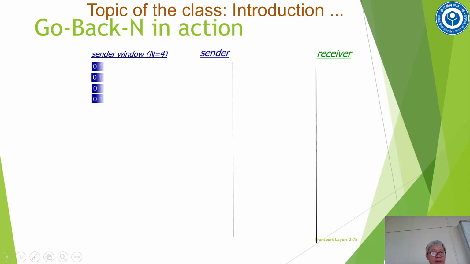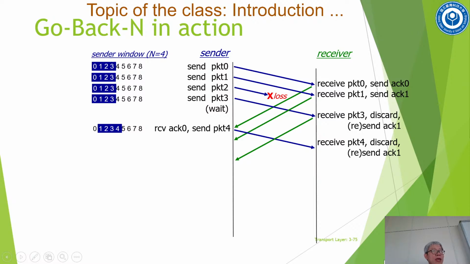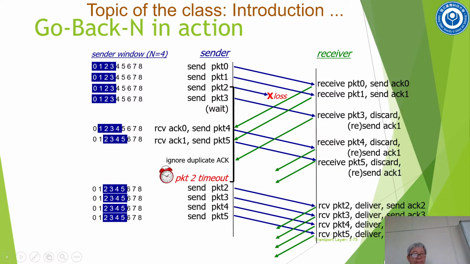This is Go-Back-N in action. I think I already know we have the video. Before we go, let me check: if you failed to check the video, raise your hands. No, right? So this is Go-Back-N.